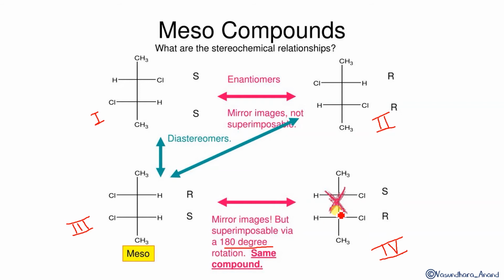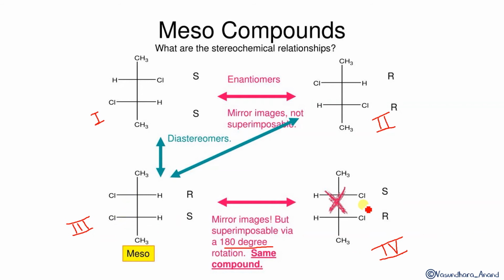That means the same S and R will be there, equal amount of this, the same compound, and it is a mirror image as well. And if we rotate this 180 degrees, we will get the same compound. That means for the meso compound, only one is the meso compound, that is the third, not the fourth. Got it? Because these two are the same compound, so we will not repeat again.